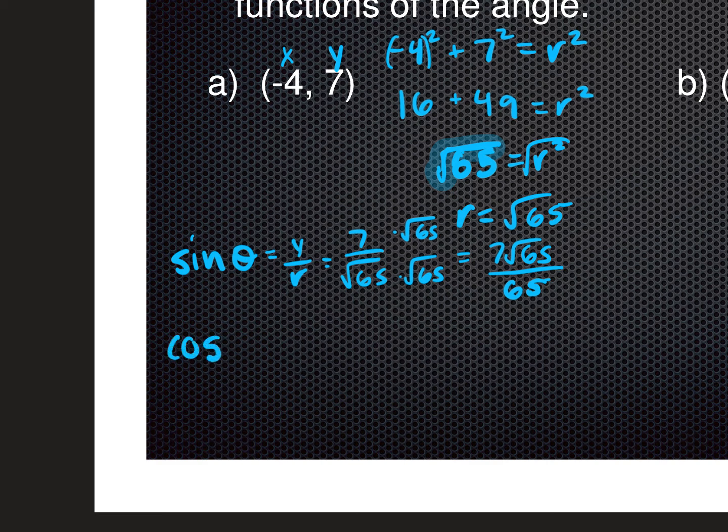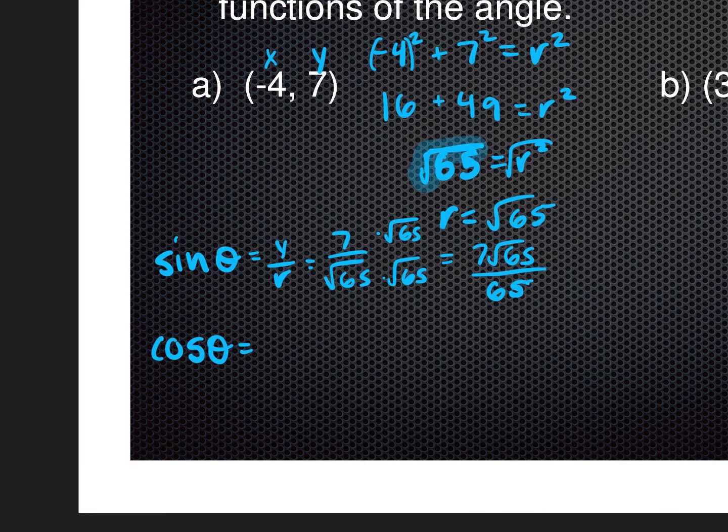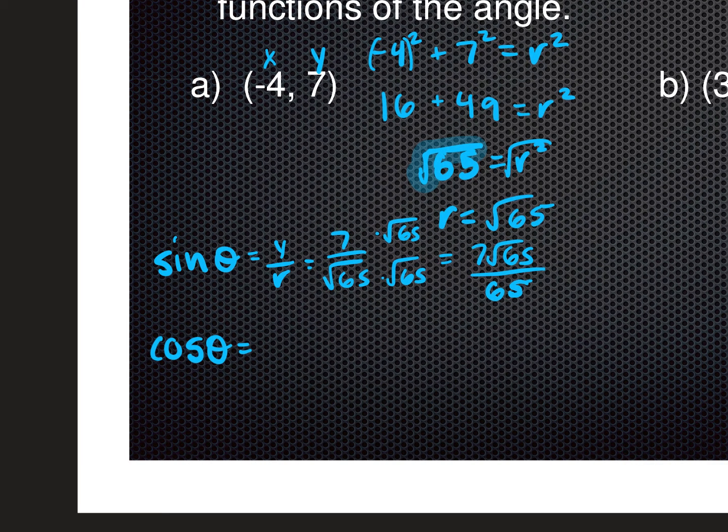Next, we have cosine of theta. Actually, before cosine, I'm going to find the reciprocal, so cosecant. So this would be r over y, because we just flipped sine, so that would be square root 65 over 7. Now for cosine, this would be x over r.